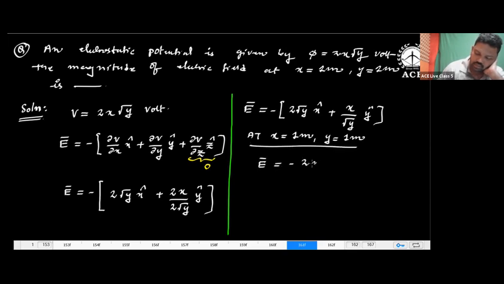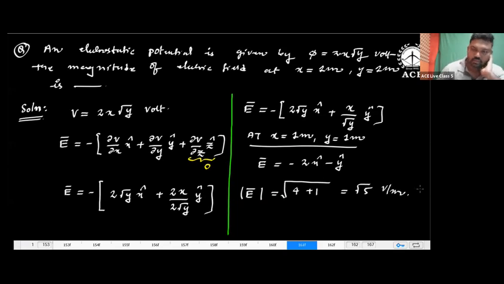So here it is minus 2x cap minus y cap. He is asking the magnitude, beta. Four plus 1, square root of 5 volt per meter is the answer.